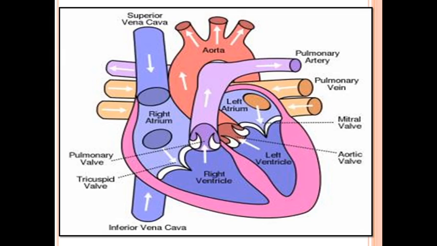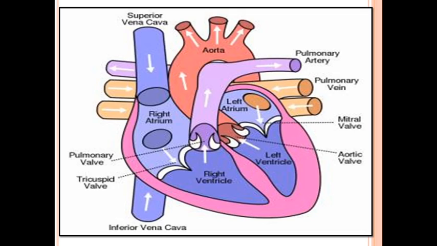Then the left ventricle pumps this blood to the rest of the body. Understood what is actually happening in the human circulatory system? The right side of your heart is completely separated from the left side with the help of a partition, which is known as the septum.